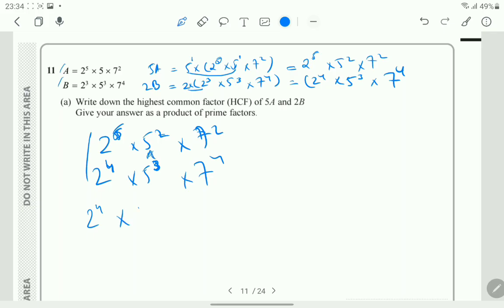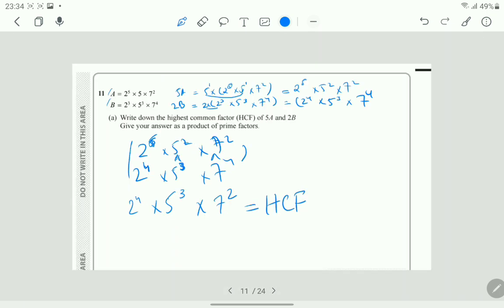So the lowest possible powers are chosen, and using the same logic used below, we take 7 squared. So this is the highest common factor of these two numbers which you would get.